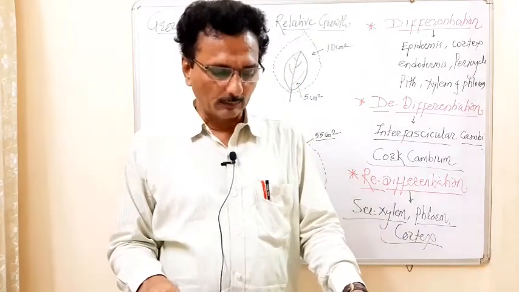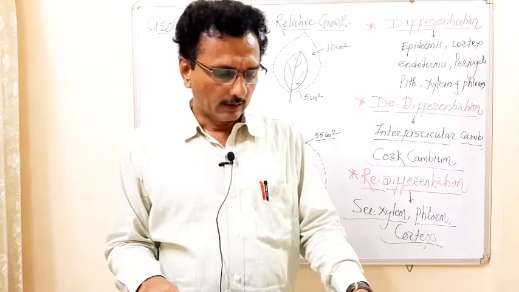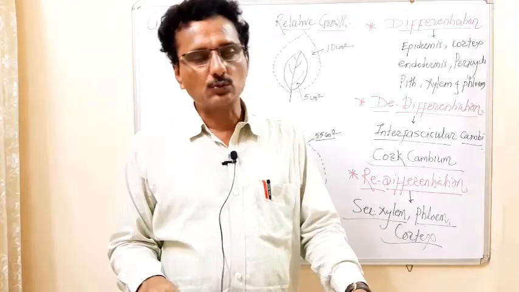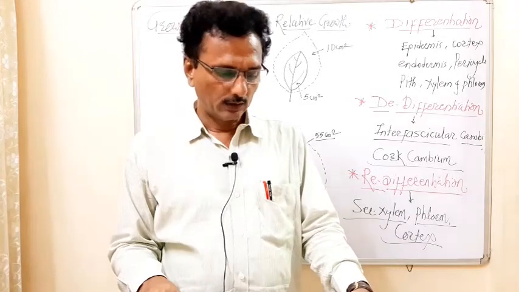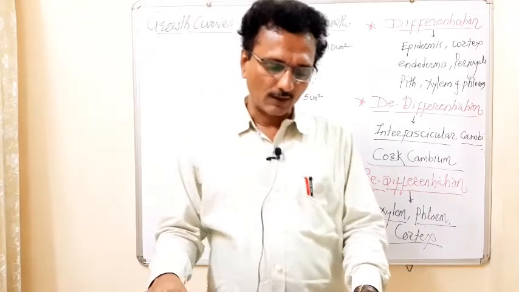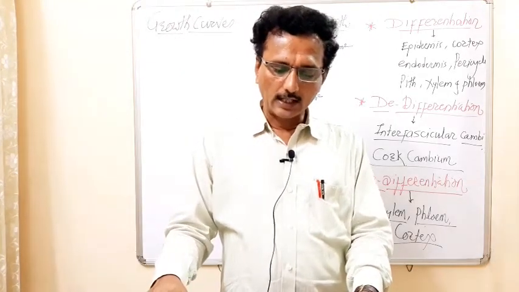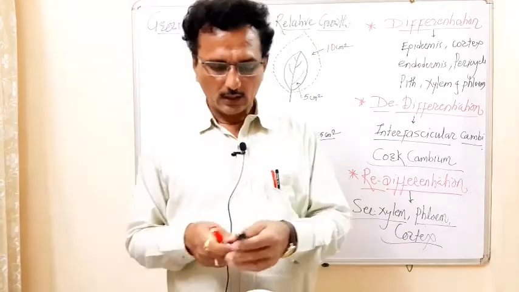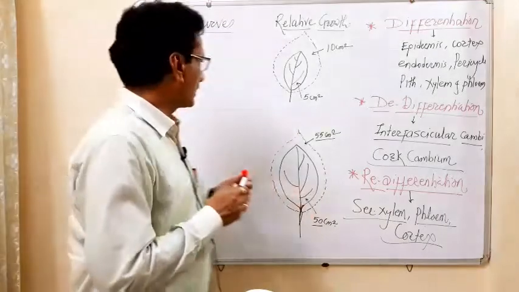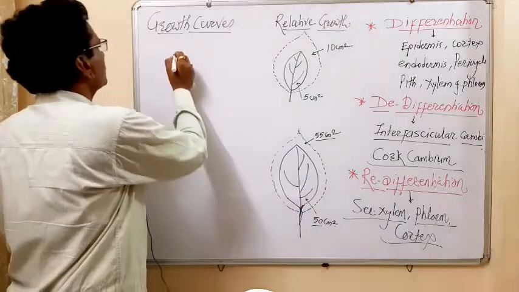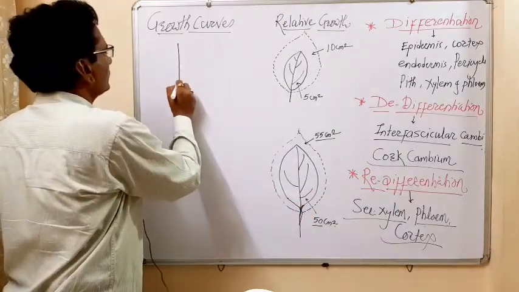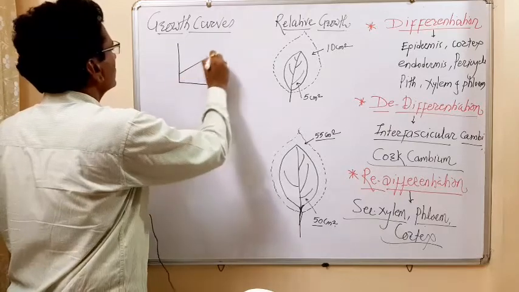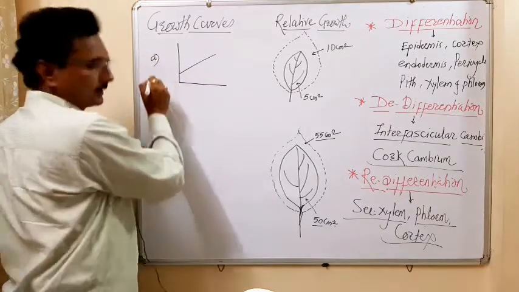So remember, student. Then the next question, number 12: which one is the correct graph for the arithmetic growth? Four graphs are given. See those graphs. The first such type of graph is given.